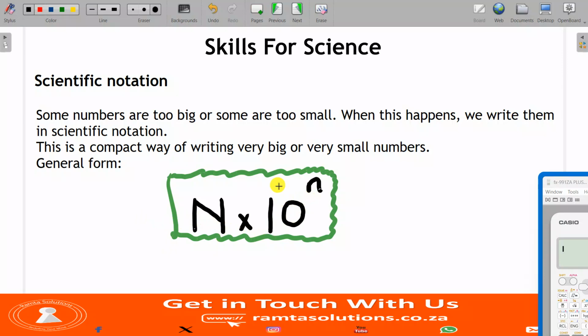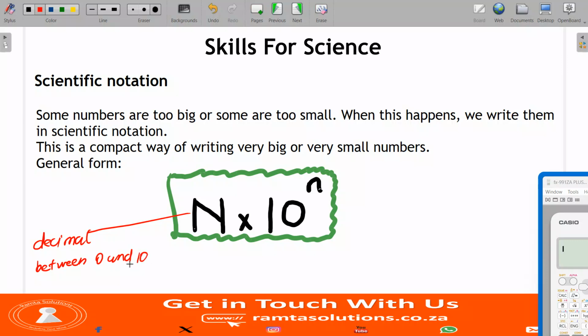You don't need to know this general form, but it's just a way of saying it. This capital N will be a decimal between 0 and 10.